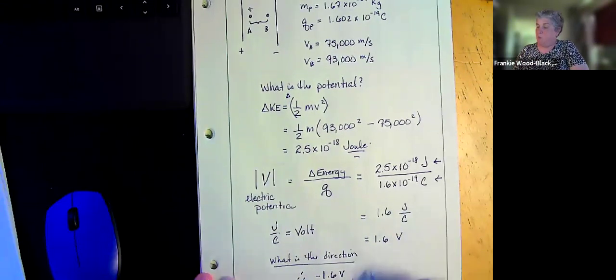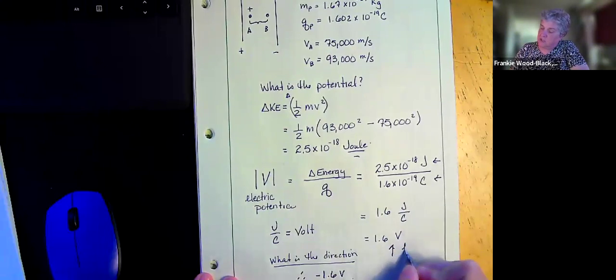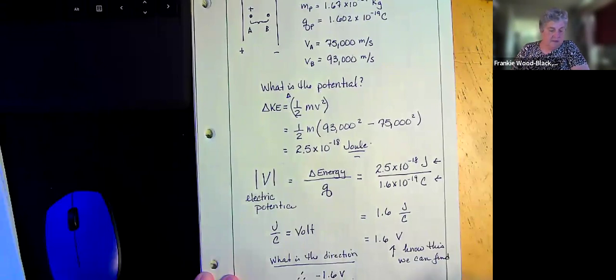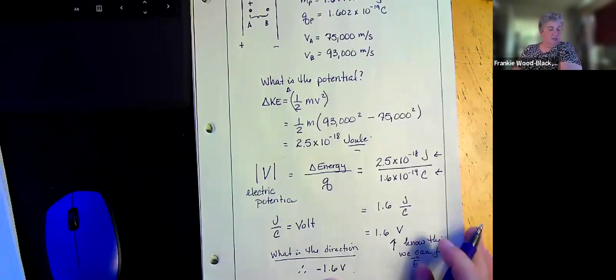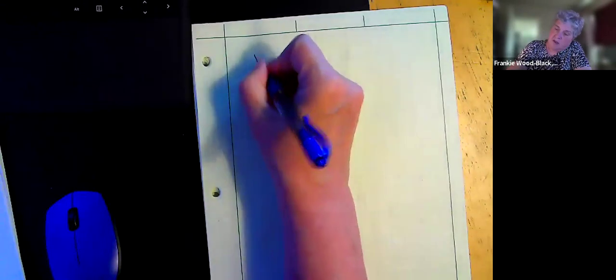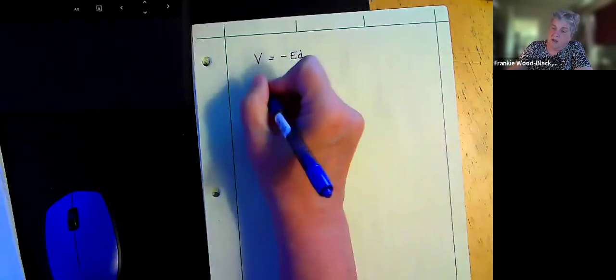Once we know the voltage, we can find our electric field, which is really cool. My voltage V is going to equal E times d, so E is voltage divided by d.